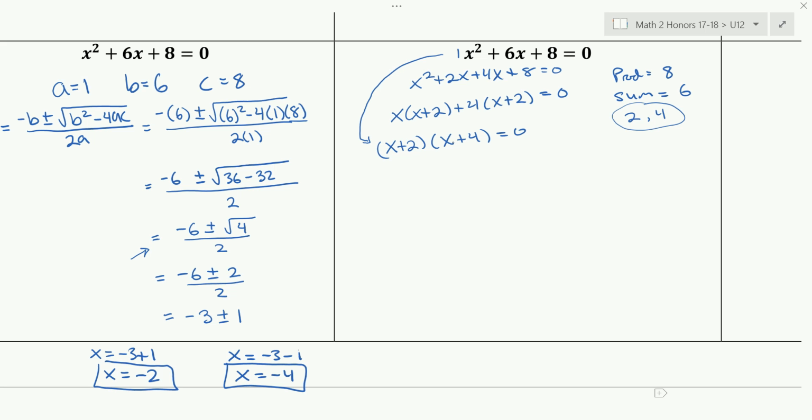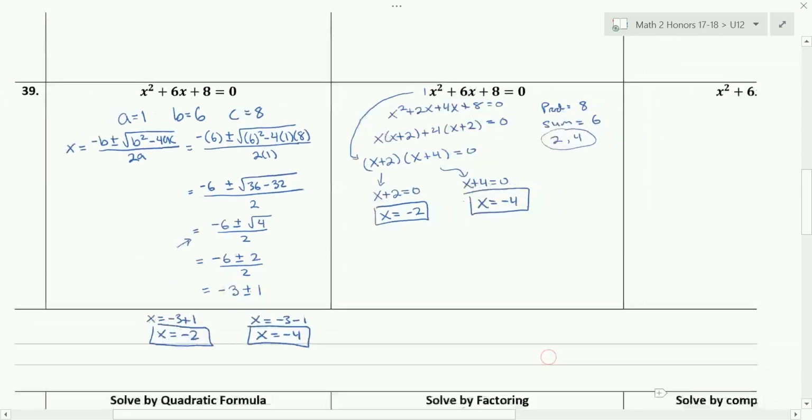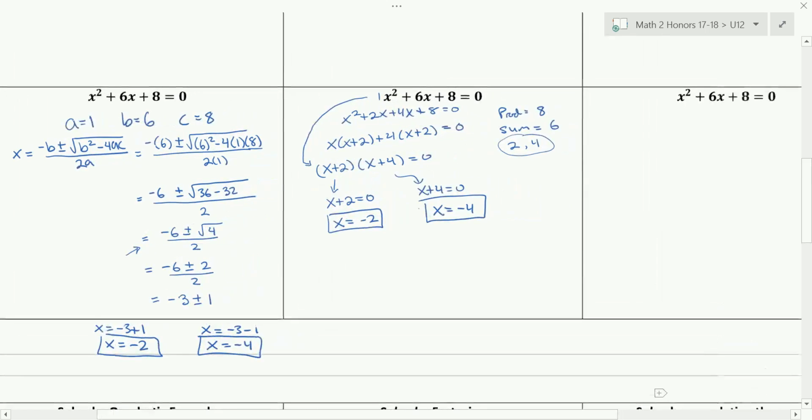Then once we have our factors, we set each factor equal to 0 and solve. We get x is -2 and x is -4. And it's a good idea to check, is that what I got from the quadratic formula? Yes. And so we're on the right track. So that's method number 2.